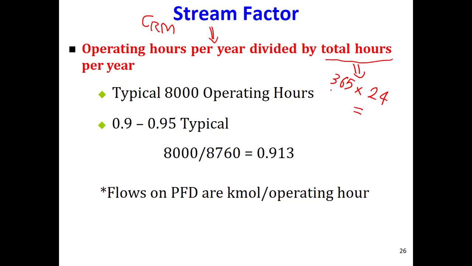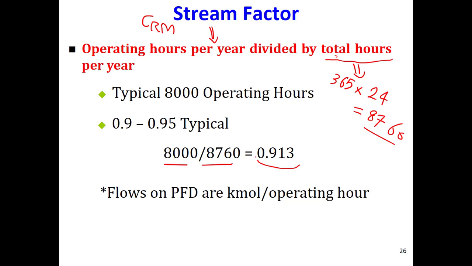Yeah, so the total hours that we have in a year is 8,760. All right, this is the total hours that we have in a year. So for finding the stream factor, we need to divide the operating hours of our factory by the total hours that we have in a year.